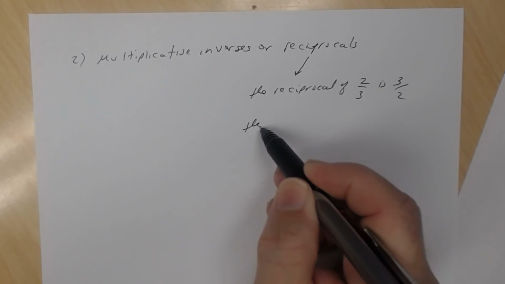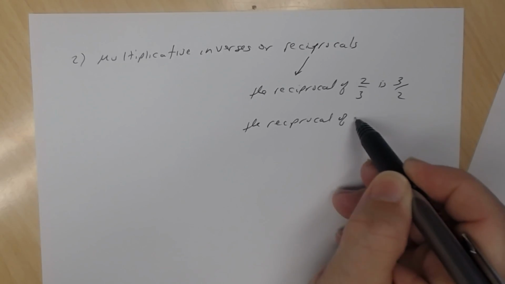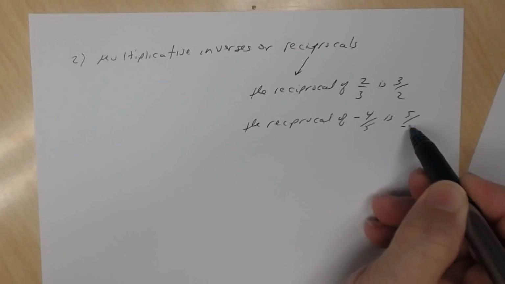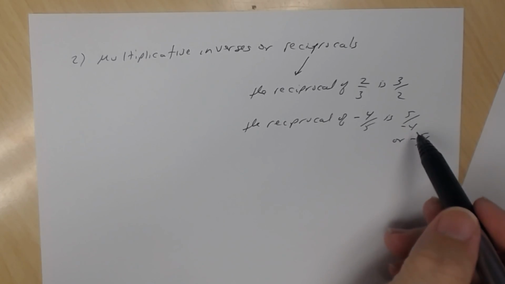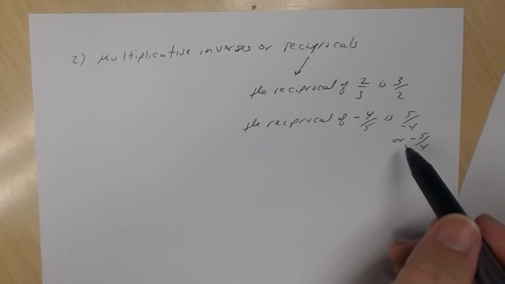The reciprocal of negative 4/5 is 5 over negative 4, or you could have said negative 5/4. It does not matter. Keep that in mind. You could say 5 over negative 4 or negative 5/4. It does not matter. Okay?